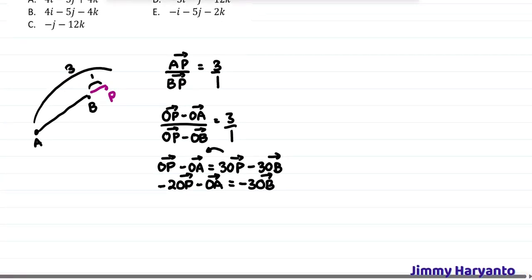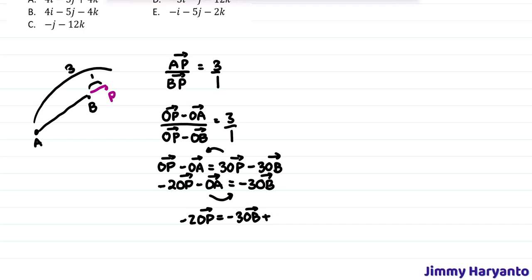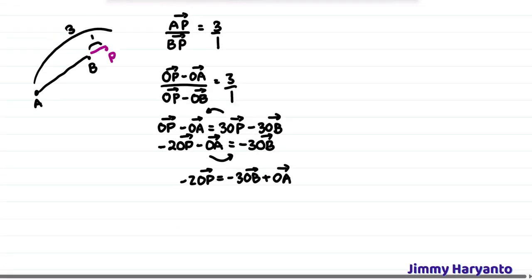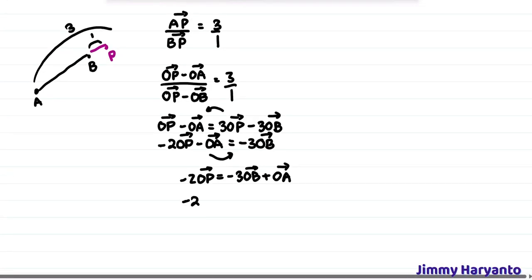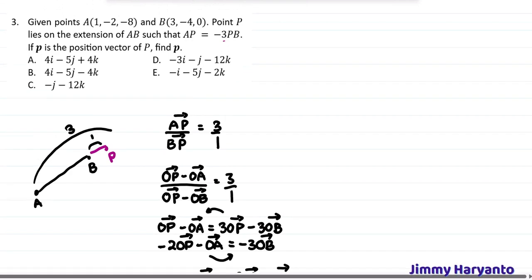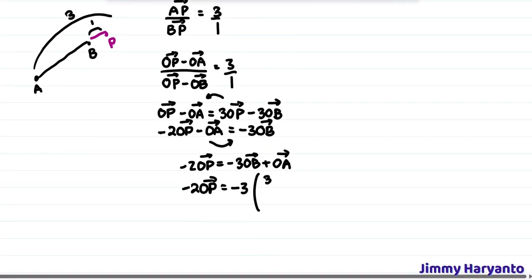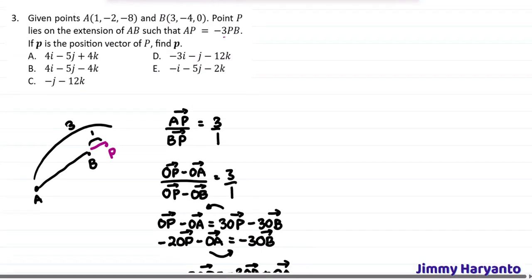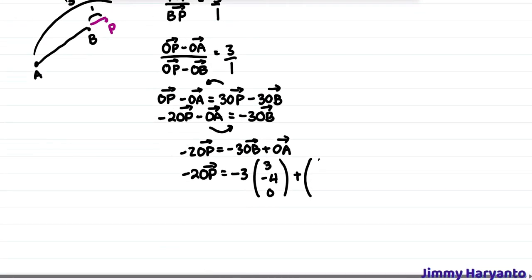So let's move the OA. Negative 2OP equals negative 3OB plus OA. Then you only have to input the points. Negative 3 times OB, where OB is (3, negative 4, 0), plus OA, where OA is (1, negative 2, negative 8).